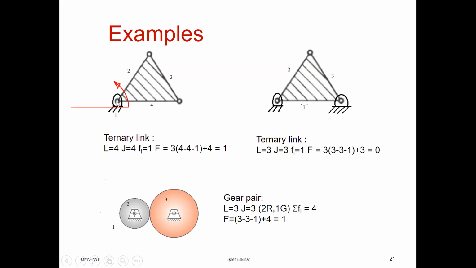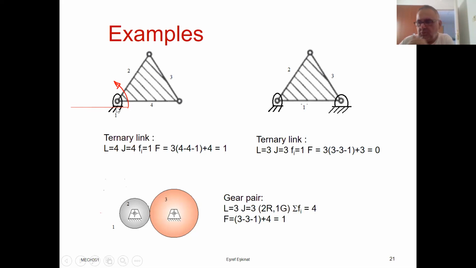And then that is connected with the ground link. So with the ground, you have a connection joint that is, let's say, between 2 and 1. So you have 2 joints at this point. So you have, if you want, let me, how do I write it? One R here, another R here, but you have 2 R here.